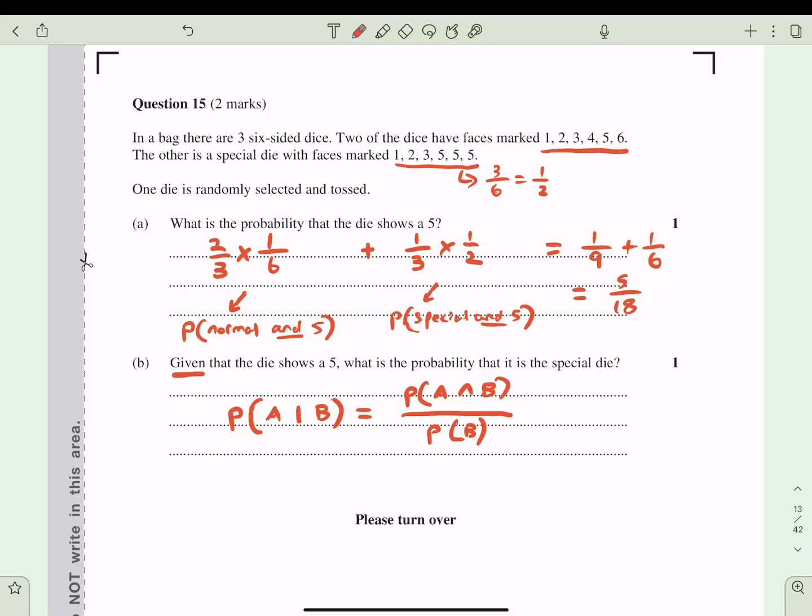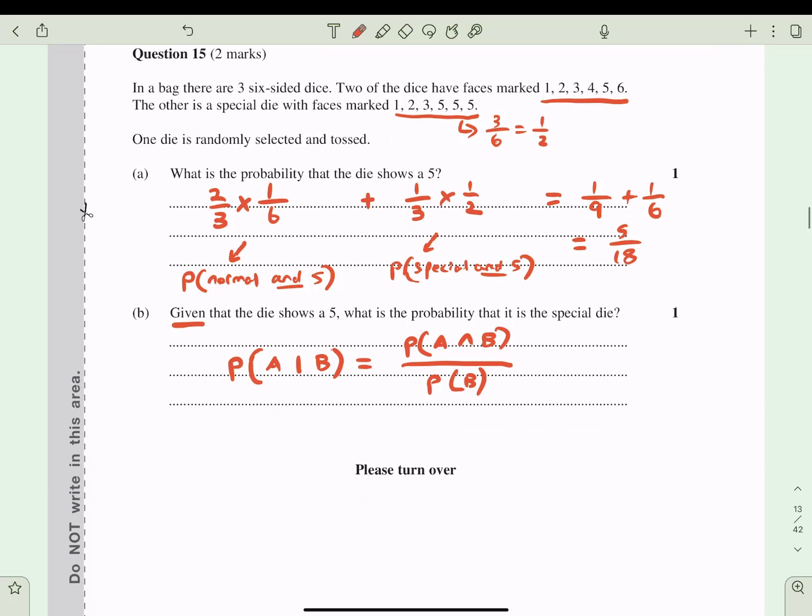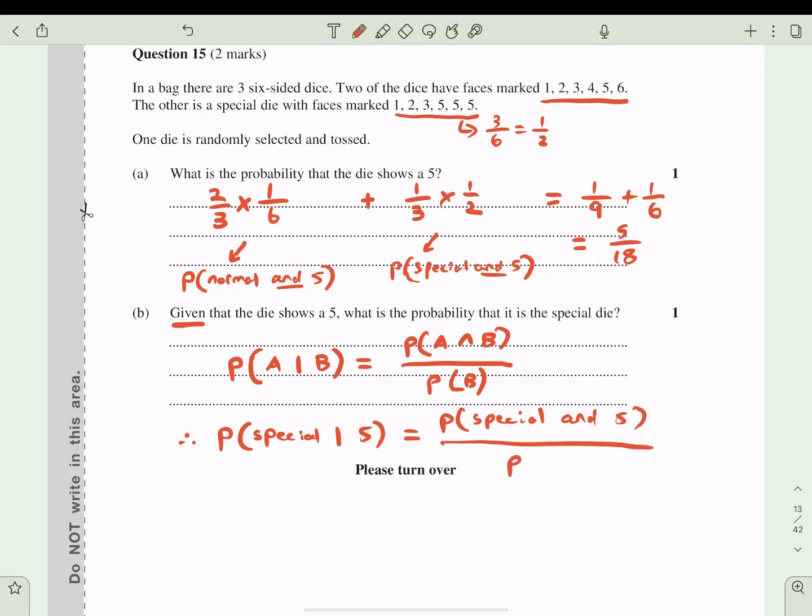Now we are asked, what is the probability that it is the special die? Applying the conditional probability equation to my question, the probability of my die being special, given that I rolled a 5, is equal to the probability of having a special die and rolling a 5, divided by the probability of rolling a 5.